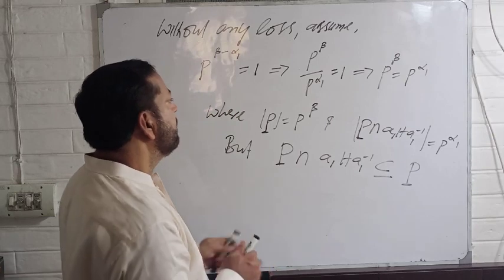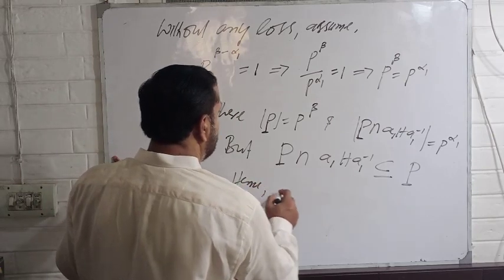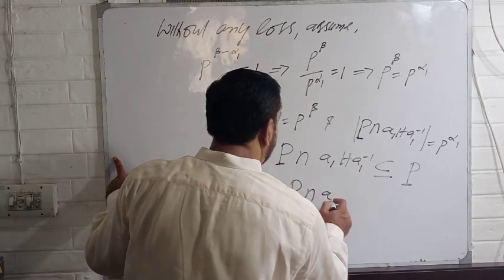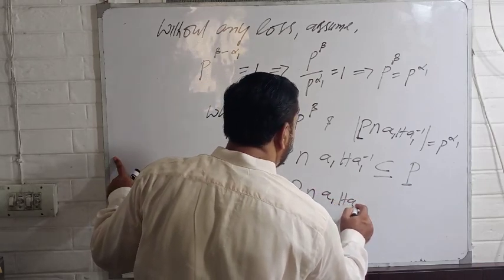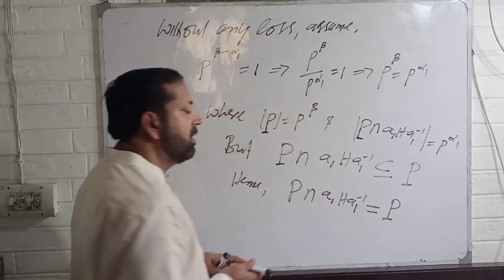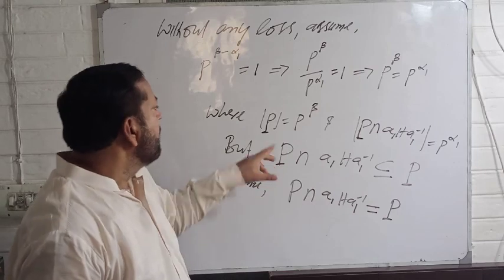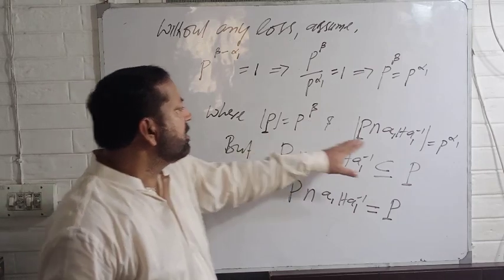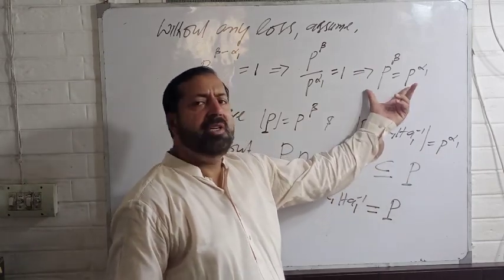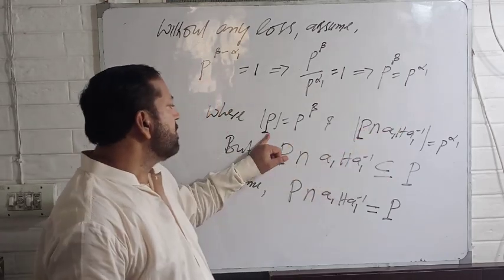Hence, P intersection A1 H A1 inverse would be equal to capital P. Look at this, right? Its order is P power beta, its order is P power alpha, and both are the same. Also this is a subset of this one.